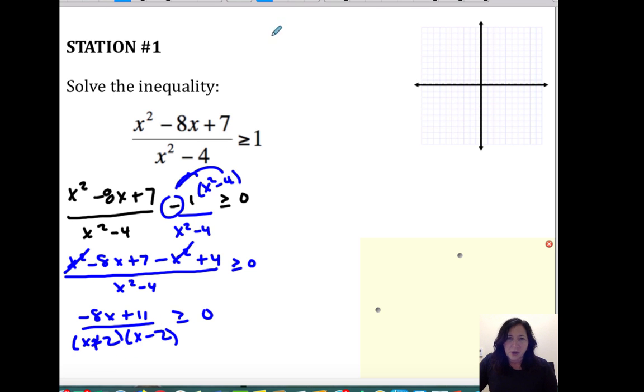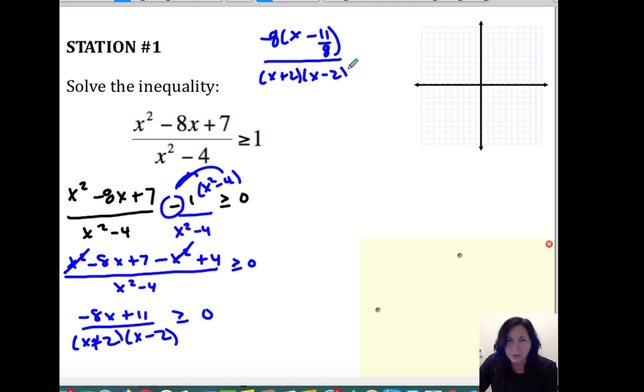So this is going to be negative 8 times (x minus 11 over 8) divided by (x plus 2)(x minus 2) greater than or equal to 0.